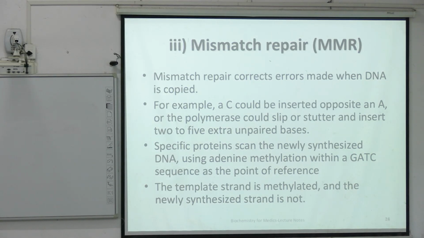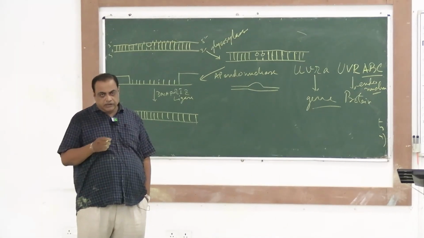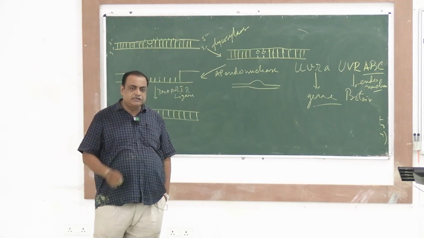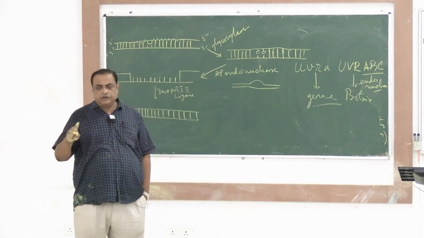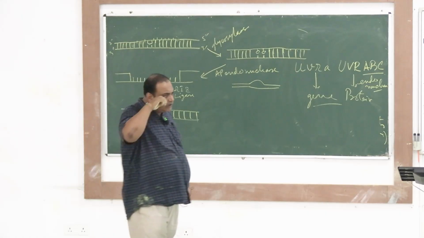Now, to understand mismatch repair, you must understand when it takes place. These two occur when replication is going on, rather transcription is going on. Then only they find out some problem is there and they fix it.